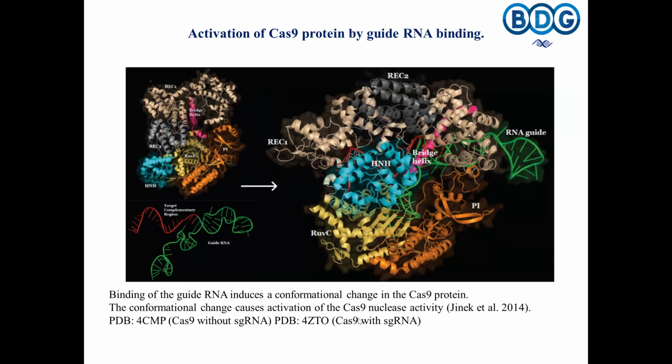You can just go and compare those structures. These are experimentally derived structures, by crystallography. You will see a conformational change which is very obvious, going from the Cas9 to the Cas9 bound to the guide RNA, to the Cas9 guide RNA complex bound to the target DNA. So there's a conformational change in all these events. That is what is experimentally proven.